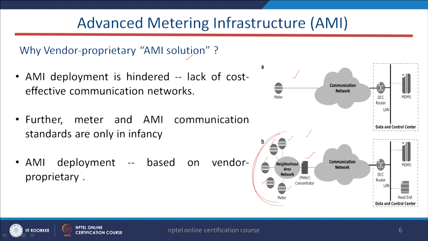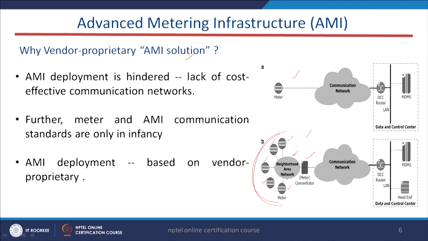You know, this NAN, neighborhood area network, is a network of the distribution side of the smart grid system. The NAN is a communication infrastructure, and this communication infrastructure allows connecting the output of these meters to the meter concentrator.